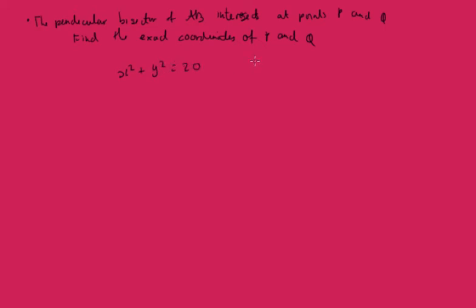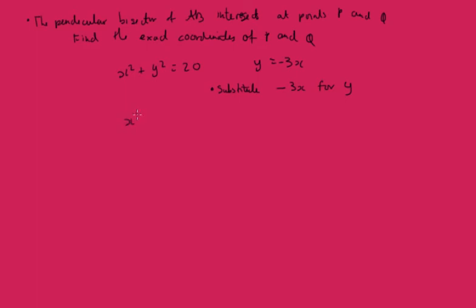our bisector is y equals -3x. So we are going to substitute -3x for y.